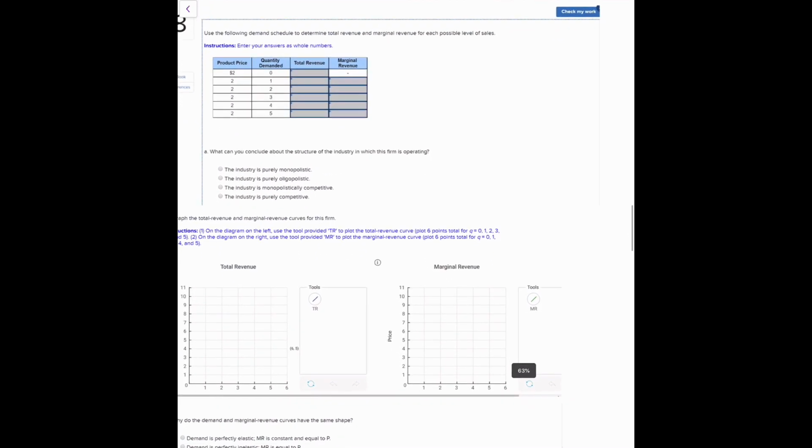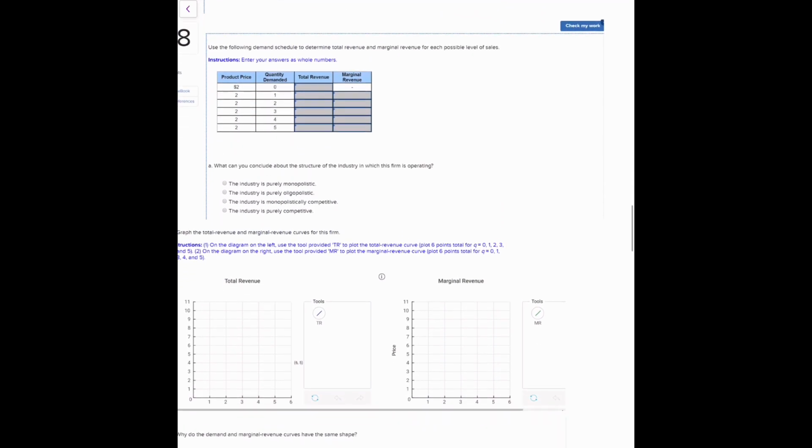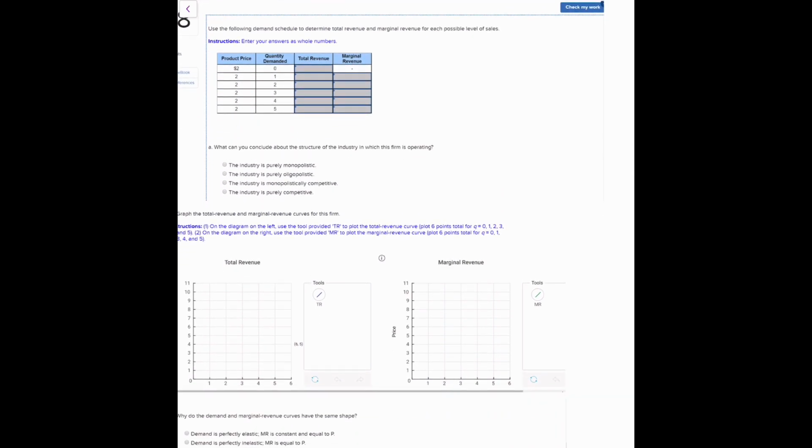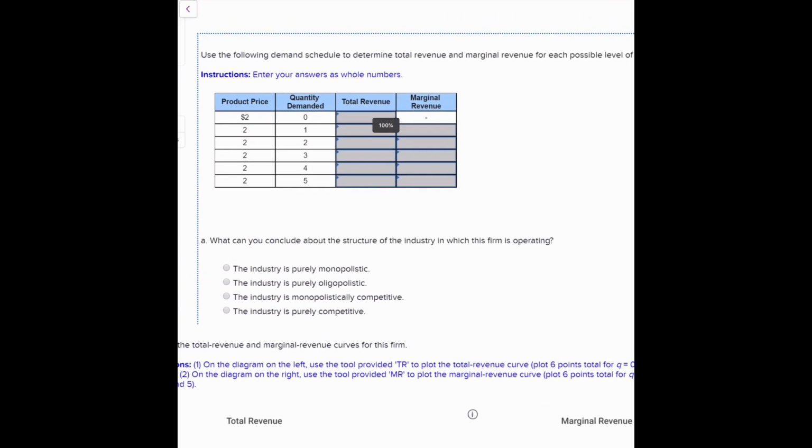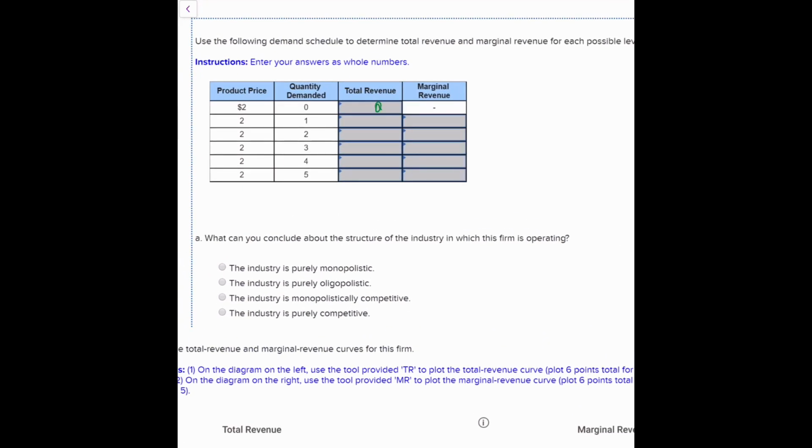Number 8, use the following demand schedule to determine total revenue and marginal revenue for each of the possible levels of sales. So here we go. We have the product price of $2, and the quantity demanded at $2 is 0, so total revenue there is 0, and marginal revenue isn't affected. At $2, 1 is demanded, so total revenue is 2. Marginal revenue is the change in total revenue, so it becomes 2.